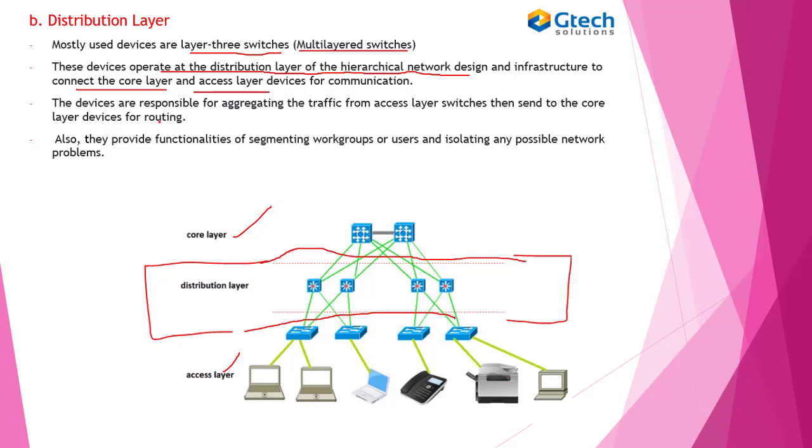Okay, the devices are responsible for aggregating the traffic from access layer switches and sending it to the core layer devices for routing. Layer 3 switches at the distribution layer aggregate traffic from layer 2 or access layer devices and send it to the core layer.